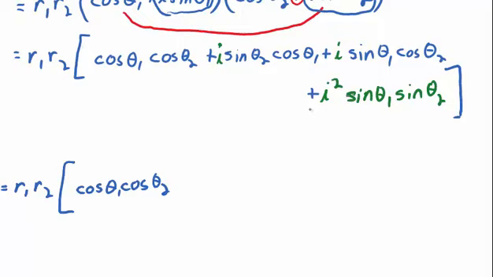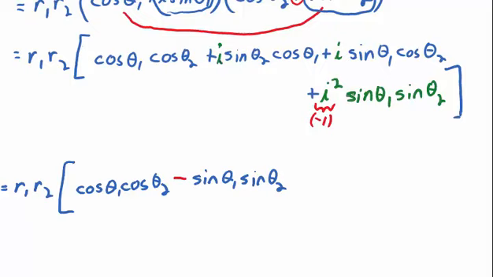But then this guy's also a real part, isn't it? Because what is I squared really equal to? It's really equal to -1, right? In parentheses, so you remember to multiply. So this is really a plus a -1 times all this, so that's minus, right? So minus sine theta 1, sine theta 2. Does everybody believe that for the real part?